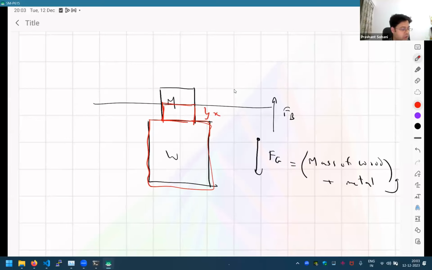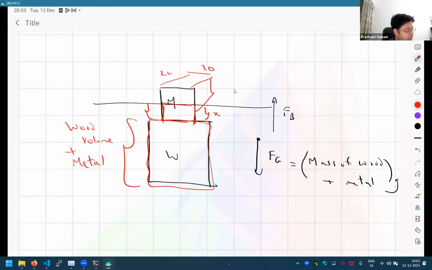So the total volume will be the volume of the wooden cube plus the metal volume, but only this part. So we have to take the cross-sectional area. If it is 20 cross 20, then it is 20 into 20 into the submerged height, which is x. This gives us the total submerged volume of the object, and so this gives us the buoyant force.